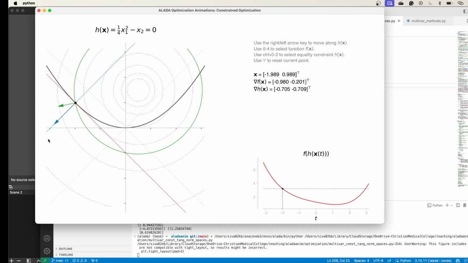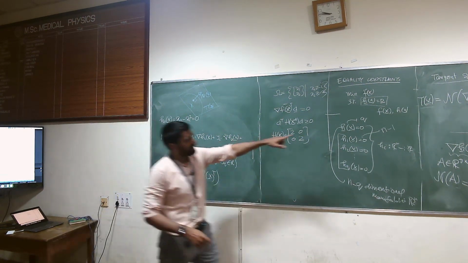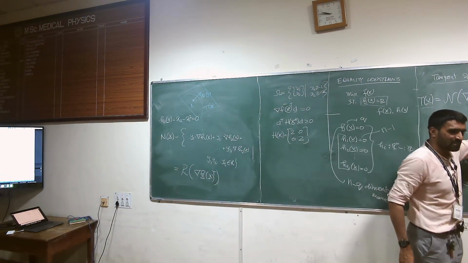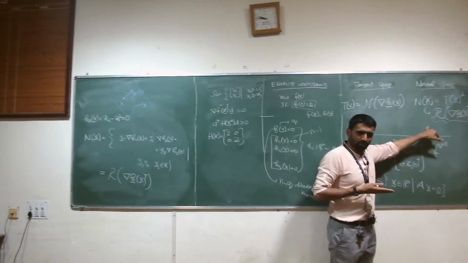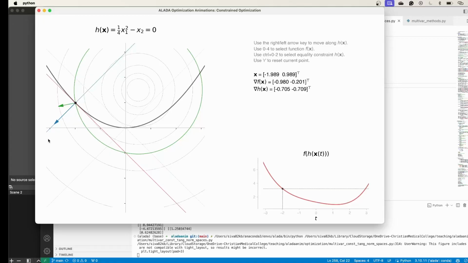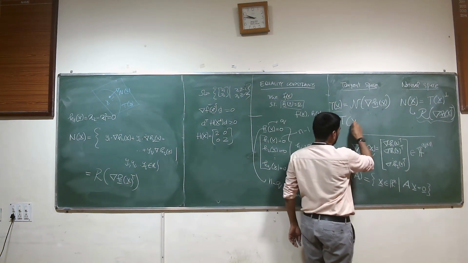You remember both the null space and the row space are subspaces of Rn. That means they have to pass through the origin. The way I've drawn them there, they don't really pass through the origin, so they're shifted to the point x. So you take the tangent space.